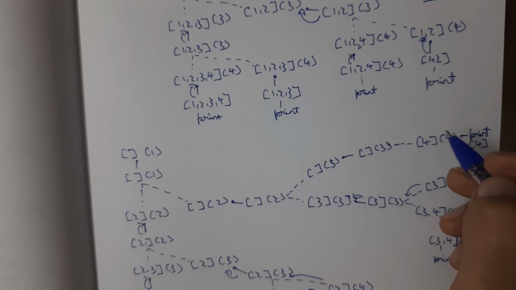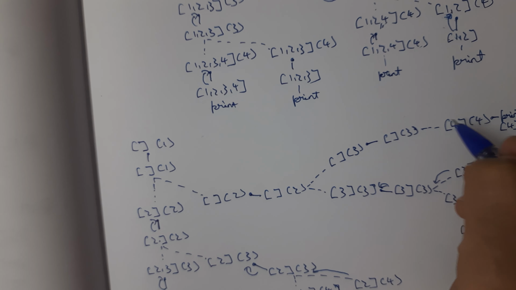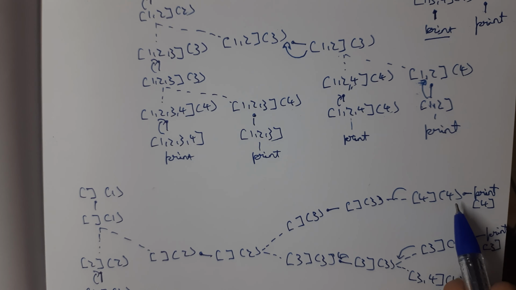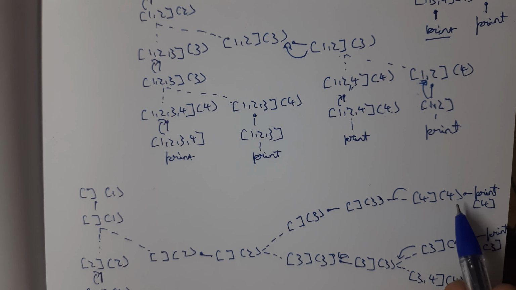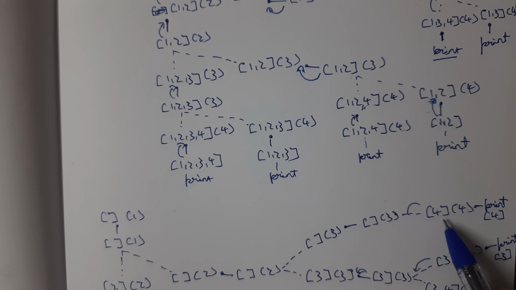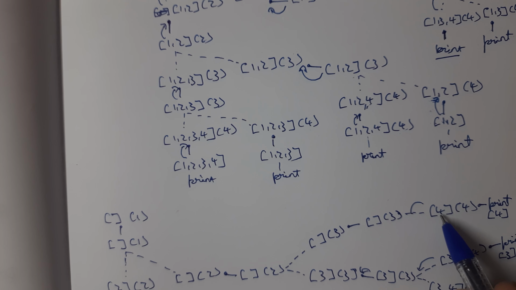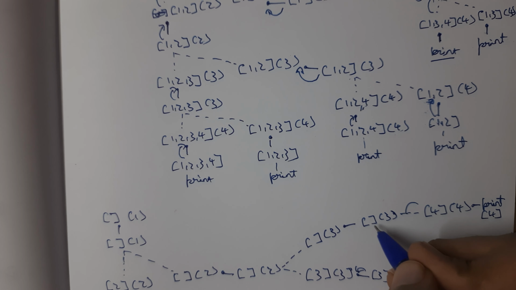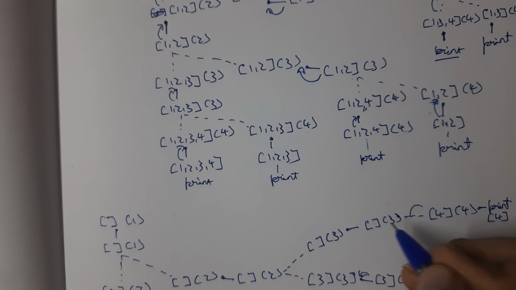After this 4 is printed, we revert back to the previous function. At this function, we have the subset as 4, and the subset pops the remaining value 4 from the list, and then what is left is one empty subset.